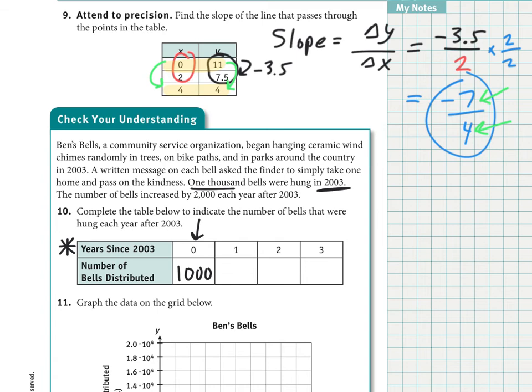Then we know the number of bells increased by 2,000 each year. So in year 1, there would be 2,000 more bells, so 3,000. In year 2, there would be 2,000 additional bells, so 5,000. And year 3, even 2,000 more bells, so 7,000.